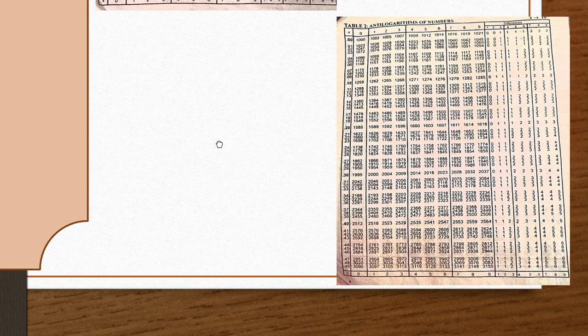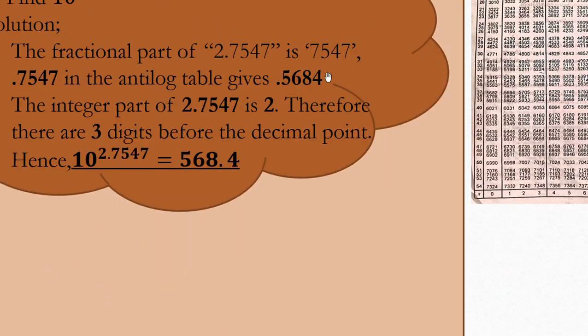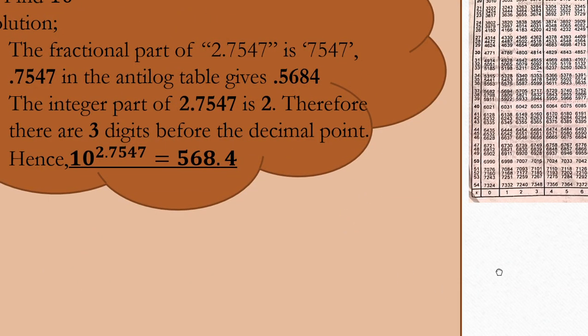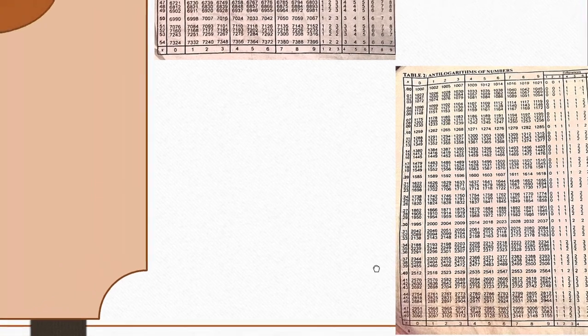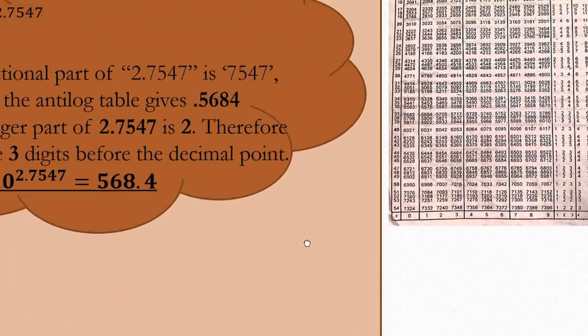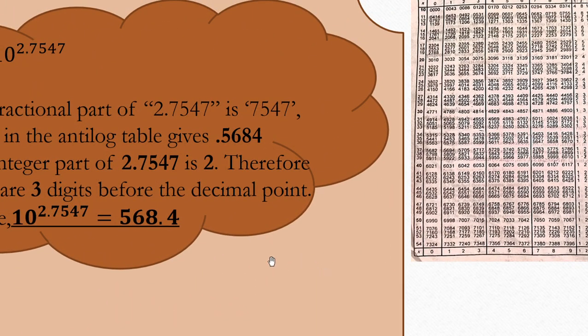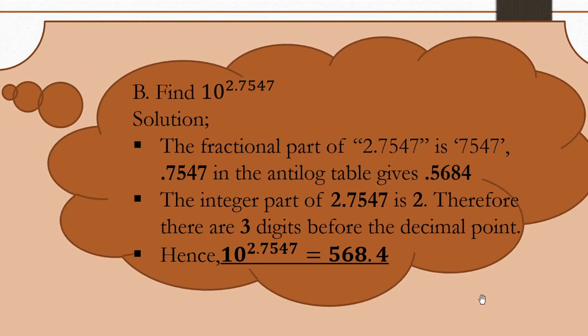We are looking for what? 75 under 4 difference 7 using the antilog table. So 75. My logarithm table is not complete. I'm so sorry about this.